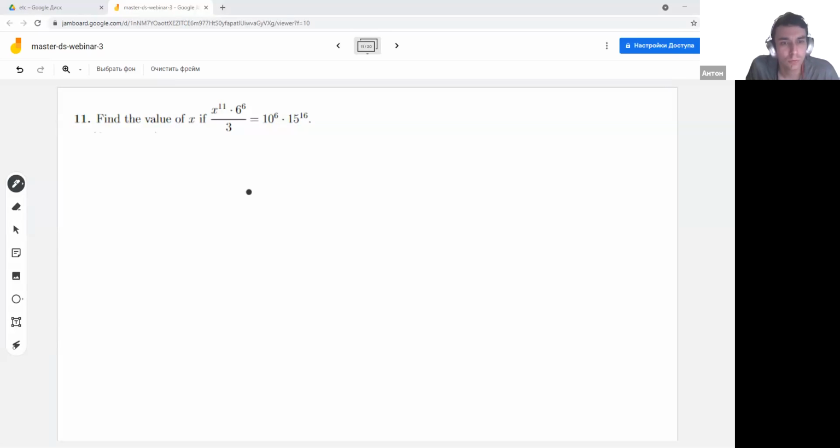So what I would do, I would first multiply both sides by 3, and I would also rewrite 6, 10, and 15 as the prime factorizations. And there is some hope that we'll find many common divisors.